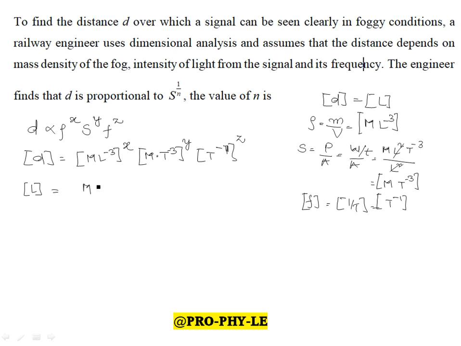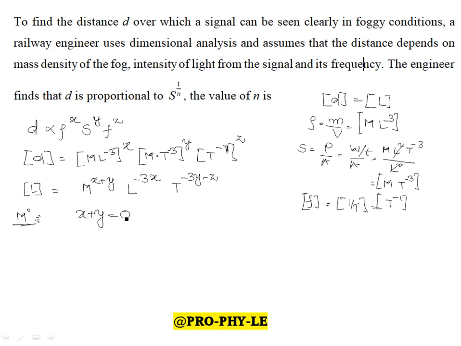So M power of, here I am having X, here I am having Y, so that this will be X plus Y, and L power of minus 3X, and T power of minus 3Y minus Z. So if I equate the powers, M power will be equal to 0 on the left hand side. So equating powers of M, X plus Y will be equal to 0.